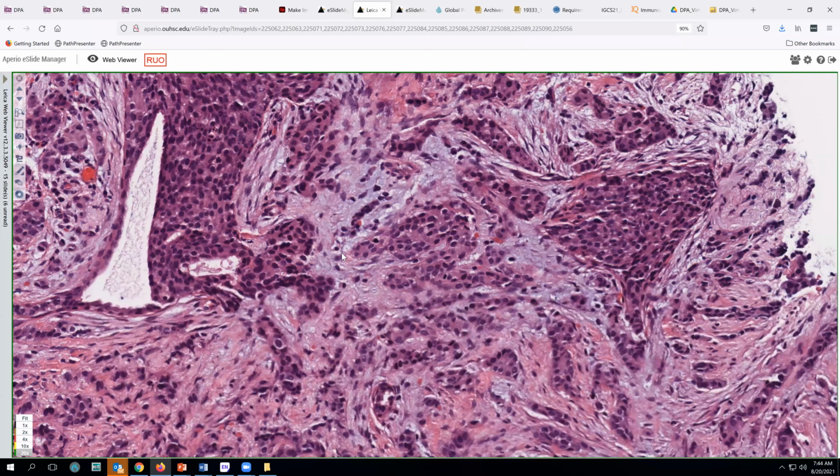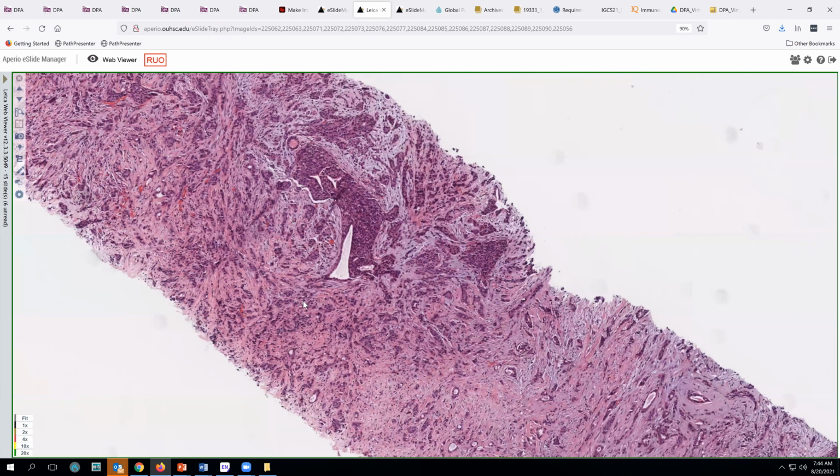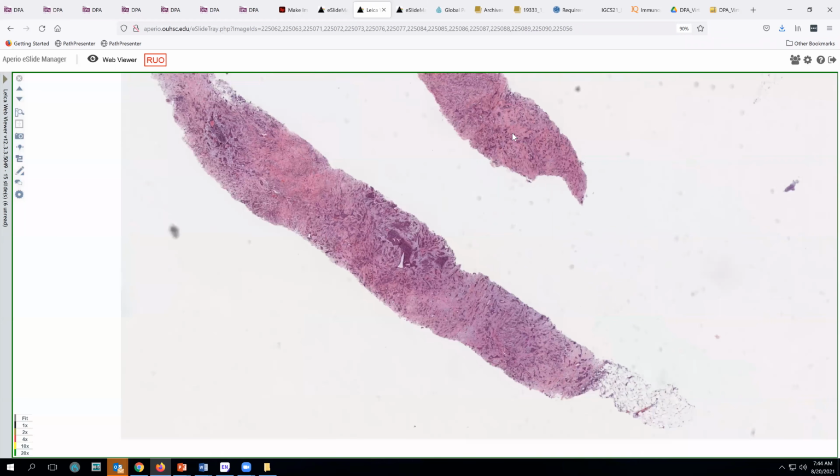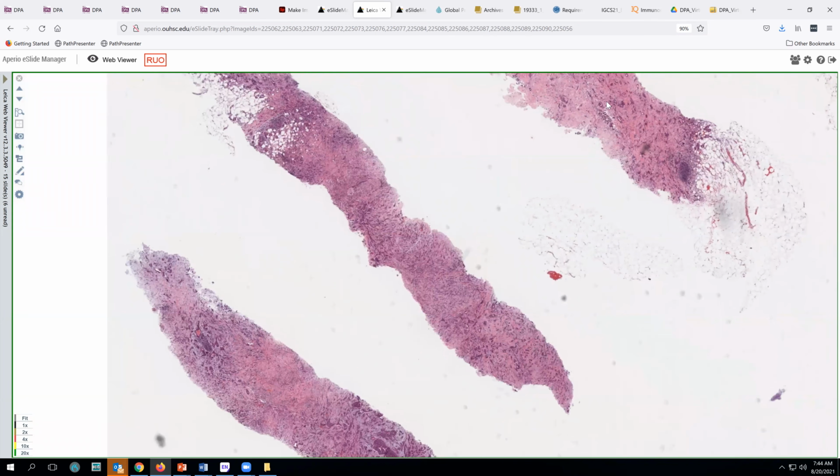So that gives you a total score of 2 for architecture, 2 for nucleus, and 1 for mitotic score, which sums to 5, which still puts it in the Nottingham grade 1 category. Not surprisingly, this case was ER/PR positive and HER2 negative. So that certainly fits with that scoring.